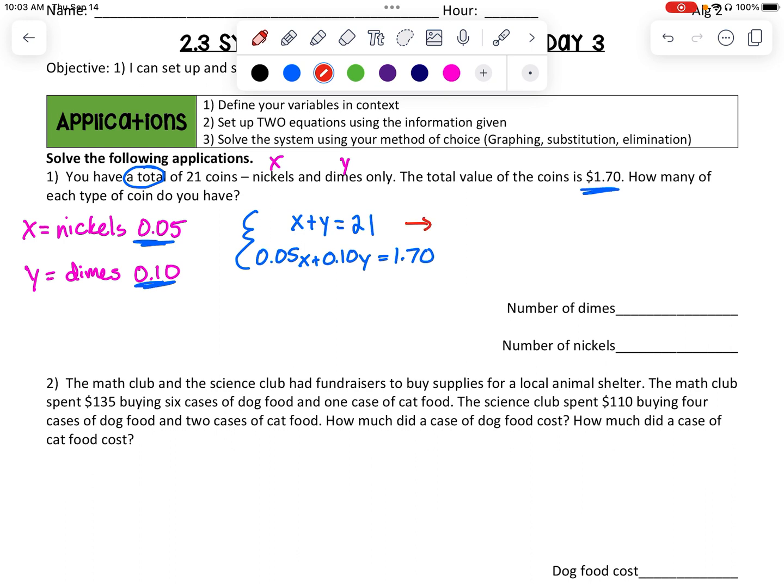If I rearrange this equation, I'd have y equals negative x plus 21. I subtracted x over, and then I'm going to substitute that in for the y in this equation. So it'll look like 0.05x plus 0.10 times negative x plus 21 equals 1.70. I've substituted it in, and I'm going to distribute.